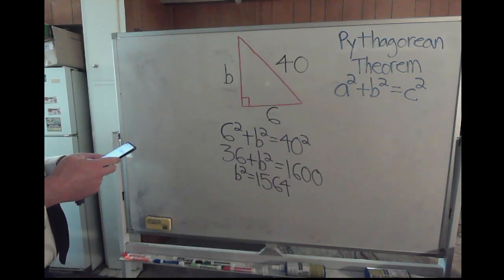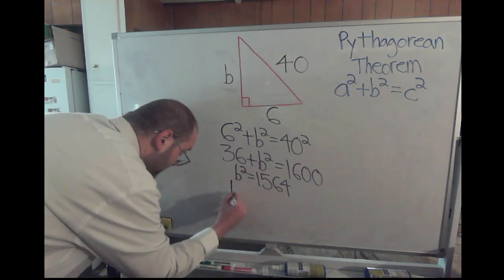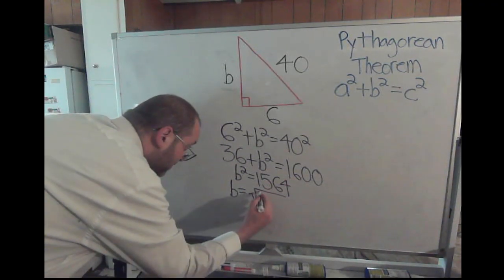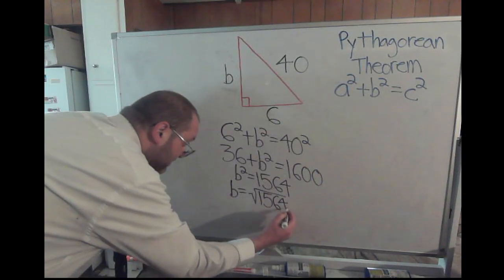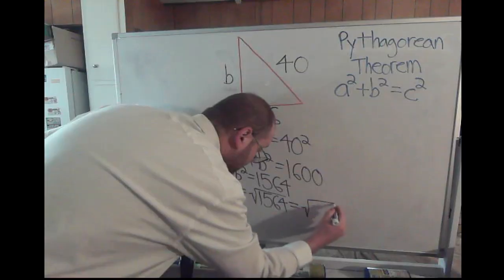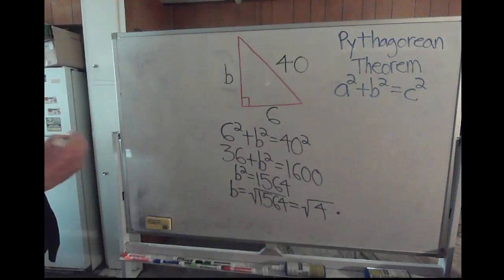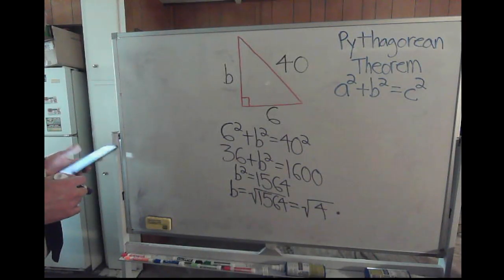Alright. So B would be equal to the square root of 1564, which does break down further into the square root of 4 times, I think, 391. Yes.